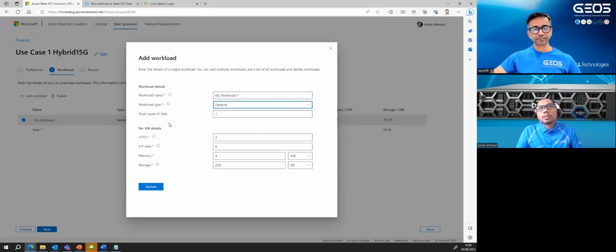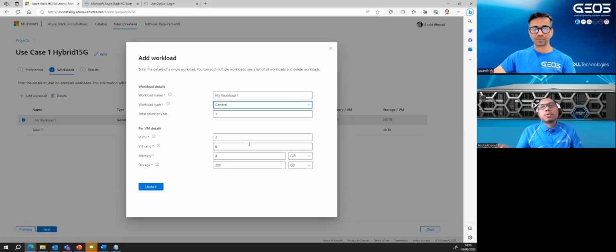And then how many VMs I want to have in my infrastructure, the vCPU per VM, and then the virtual to physical ratio, right? So that is the ratio of virtual CPUs to your physical cores. Basically, as a rule of thumb, you can start with 1 to 4, for example.